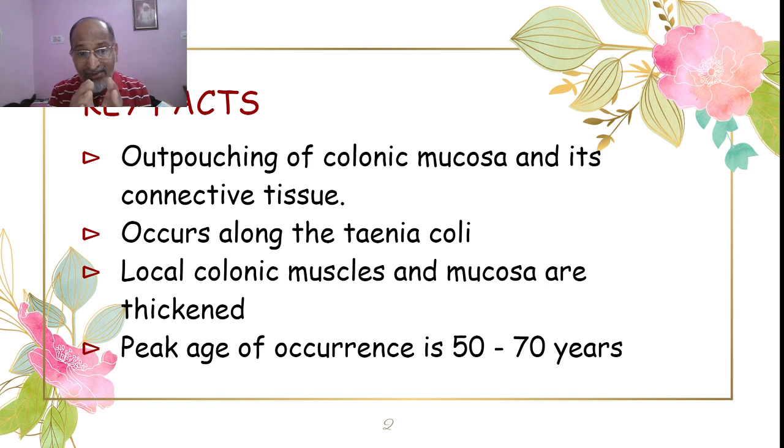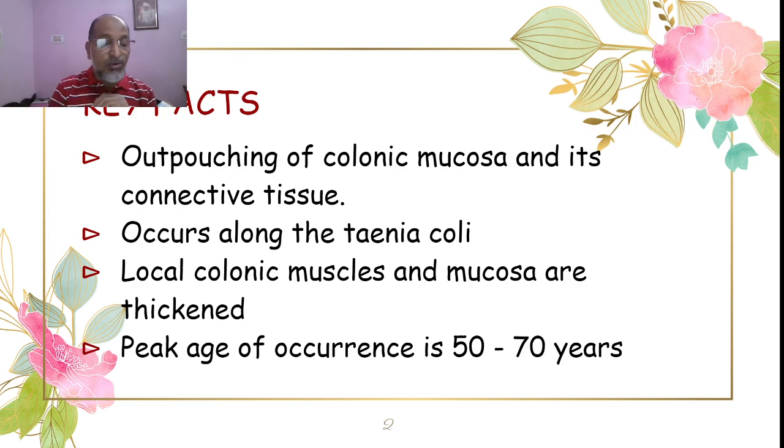So all the layers are available when there is a congenital variety of the diverticulum. But here it is the acquired form, so it lacks the muscular tissue and the other tissue, but it has a mucosa and its adjacent connective tissue. So this is the key fact. This must be known to us when we are talking of the colonic diverticula.